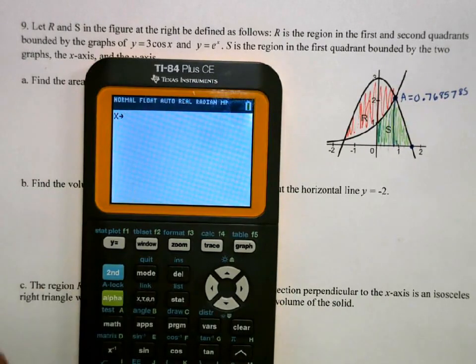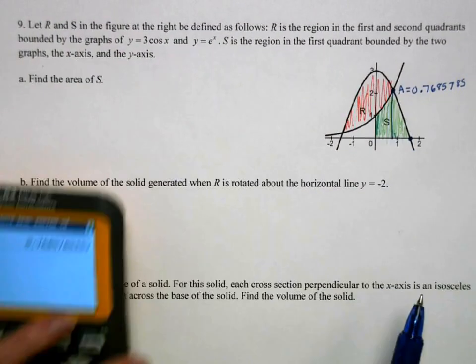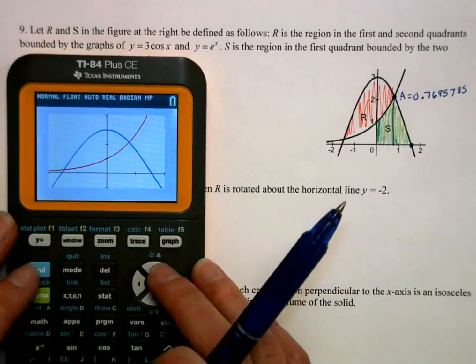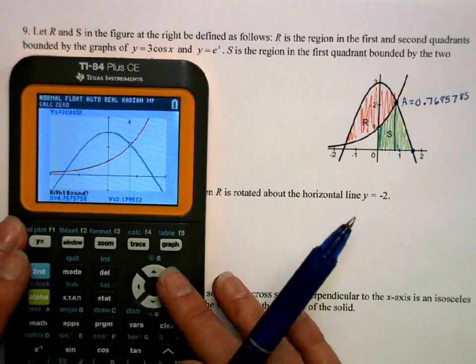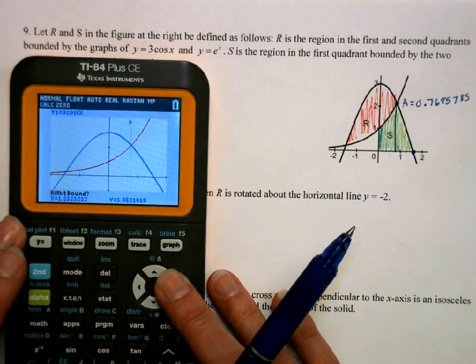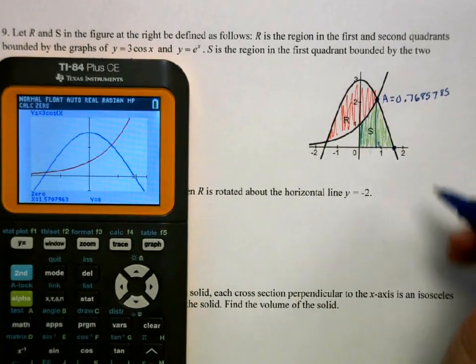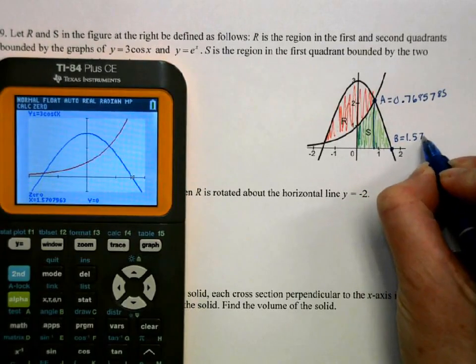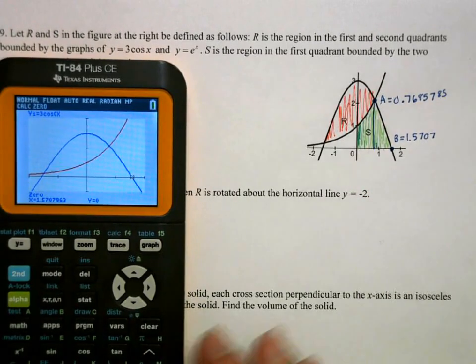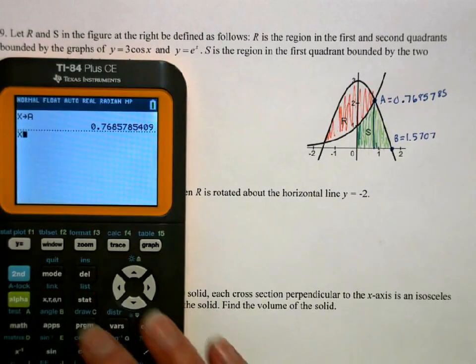Let's go back to my graph and we're going to calculate the zero, which gives me 1.5707 and a bunch of other stuff, but I'm going to go ahead, get out of here, X, store, B. Okay, so that guy's stored.